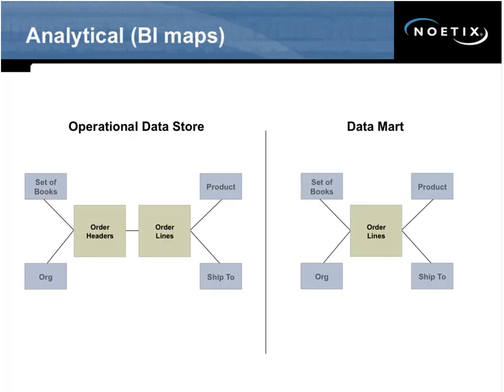But that's not always enough. We also need to have a data warehouse for historical trending or aggregations or integrating data from other data sources. So Noetics also provides a second set of data models, an analytical set of BI maps that include 2 forms of model. One is an operational data store designed for near real-time reporting that populates very quickly, extracting the data from the enterprise application.